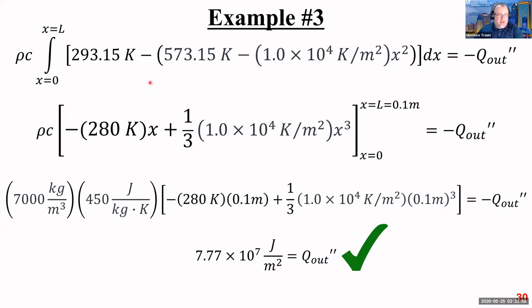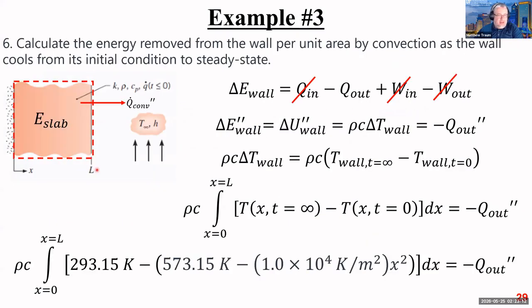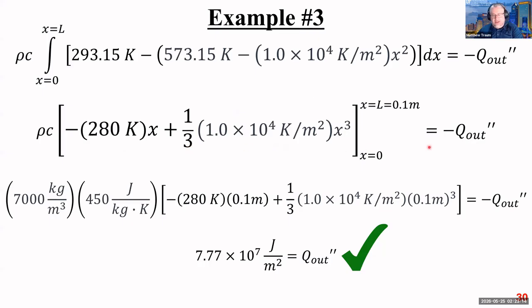This is a positive sign because I had a negative sign here times a negative sign, so negative times negative is a positive. And then this integral still is happening between x equals 0 and x equals L, where L is 0.1 meters, the edge of the slab. And that still, of course, is equal to the total amount of heat that I'm dissipating by convection.